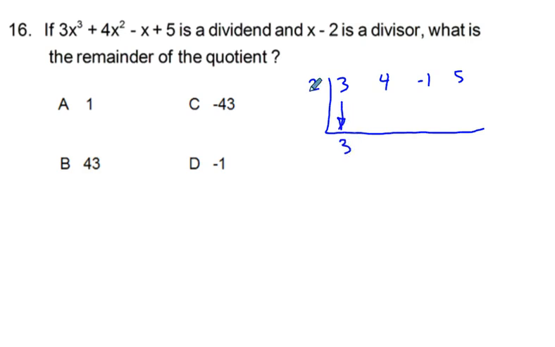Bring down the 3. 2 times 3 is 6. 4 plus 6 is 10. 2 times 10 is 20. Negative 1 plus 20 is 19. 2 times 19 is 38. 38 plus 5 is 43. So that will be our remainder. B is our correct answer.